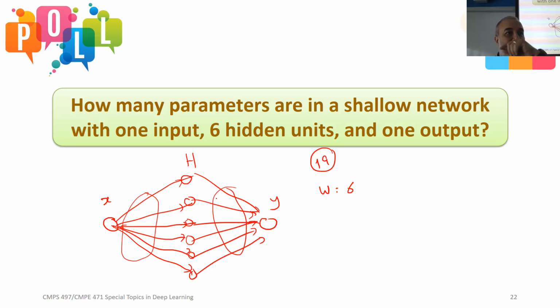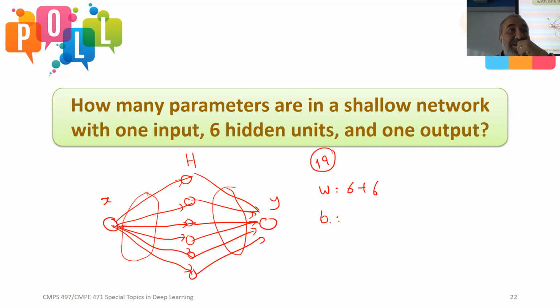Remember they were theta and phi, so these are thetas and these are phis. These are the scaling of the output of the hidden unit, and these are the parts of the linear functions. So we have 6 plus 6 weights. Any other weights? No.